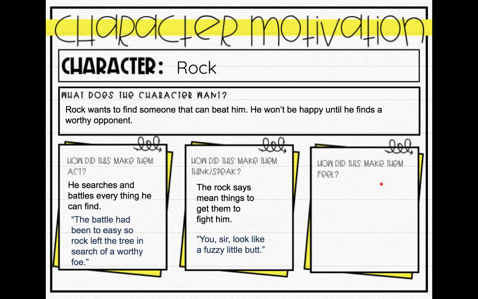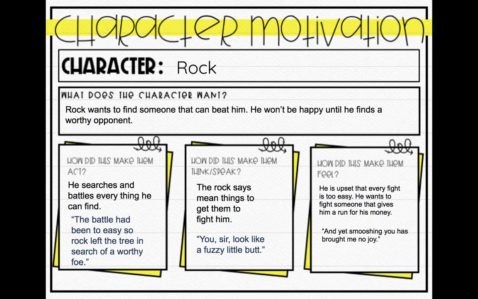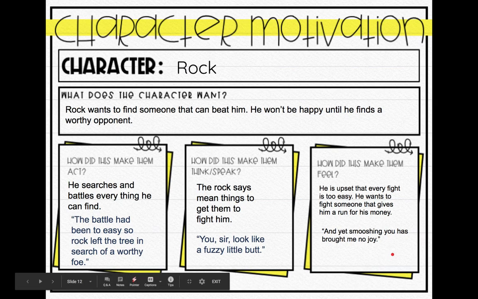And then how does this make Rock feel? I said he's upset that every fight is too easy. He wants to find someone that gives him a run for his money. And when I was making this inference, I went back to this line right here. It says, "And yet smushing you has brought me no joy." And this is right after he fought Apricot. And he's sitting on top of Apricot. Apricot's all smooshed. And Apricot says, "I am smooshed." And he's saying, "And yet smooshing you has brought me no joy."